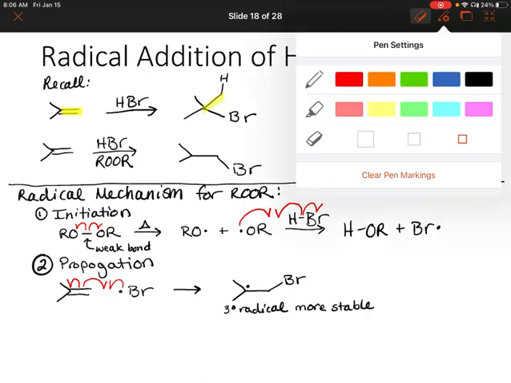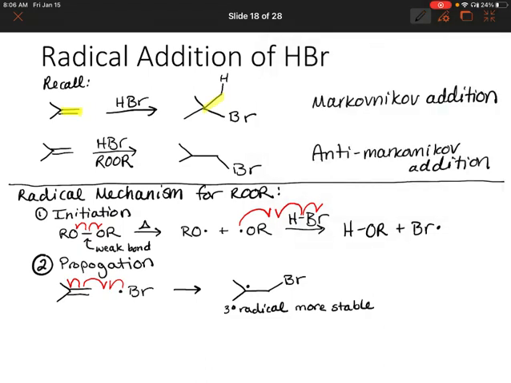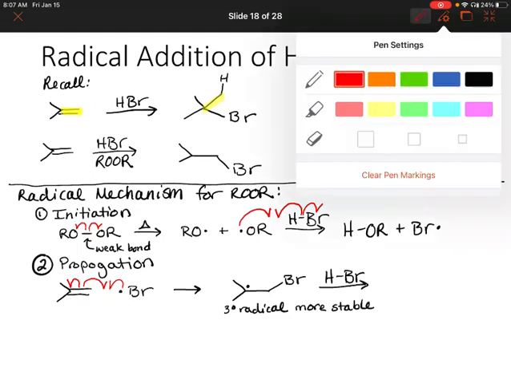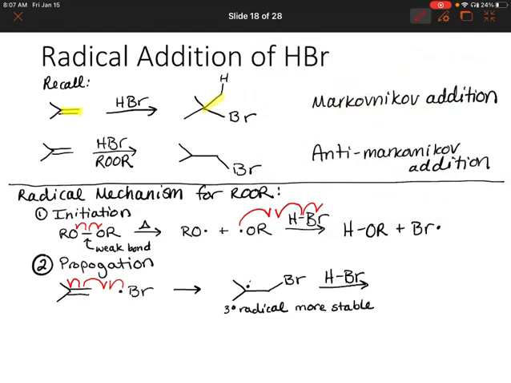All right, so now in the next step, we're going to add more HBr, and we're going to abstract a hydrogen from HBr. So our tertiary radical electron will form a bond with hydrogen, and we're going to leave an electron behind on bromine.